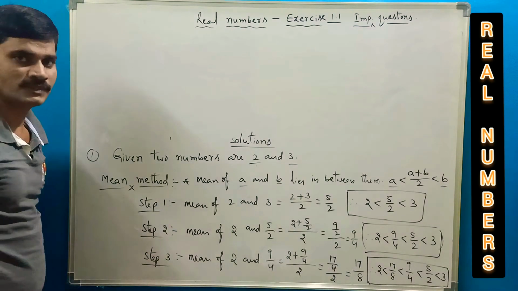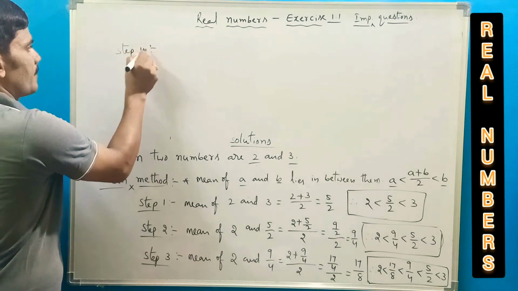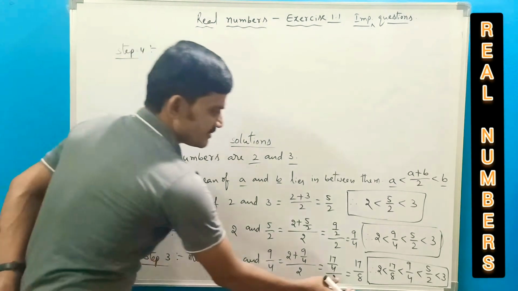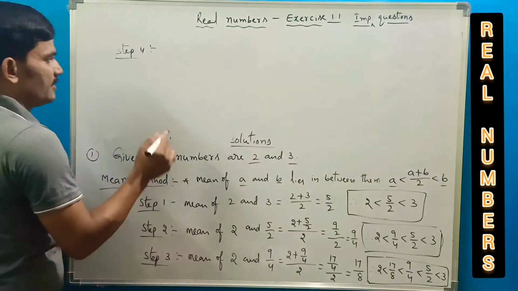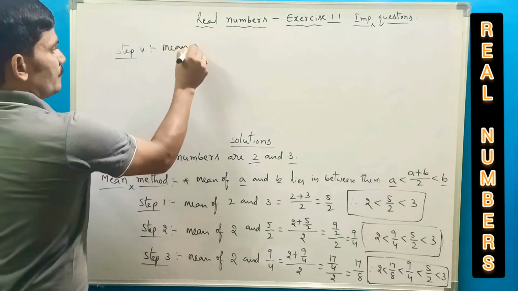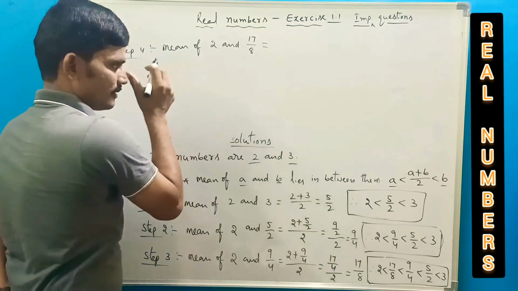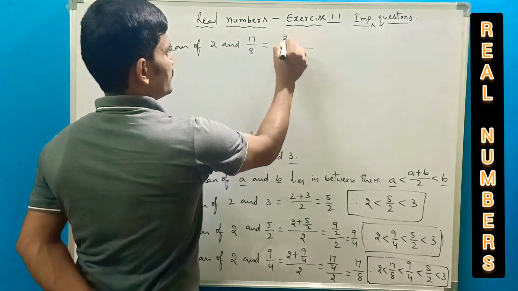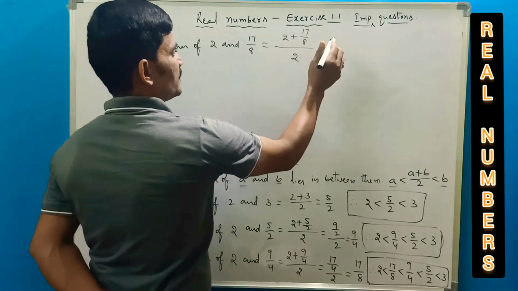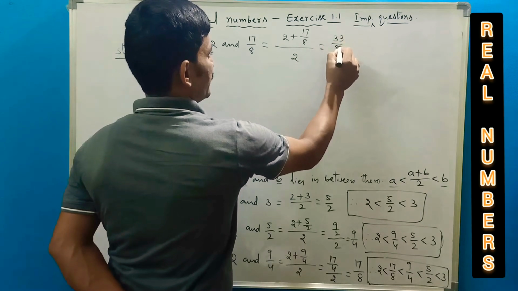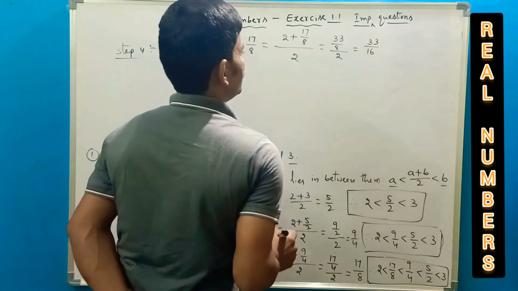Now, let us go for the fourth step. Let us find average of these two, which brings you one more rational number between these two numbers. That is mean of 2 and 17 by 8, sum of the numbers by 2, 17 by 8 by 2, 8 twos are 16, 16 plus 17, 33 by 8 by 2 gives you 33 by 16.